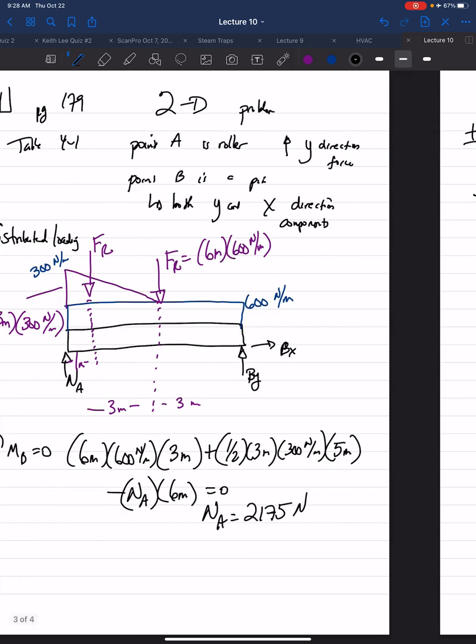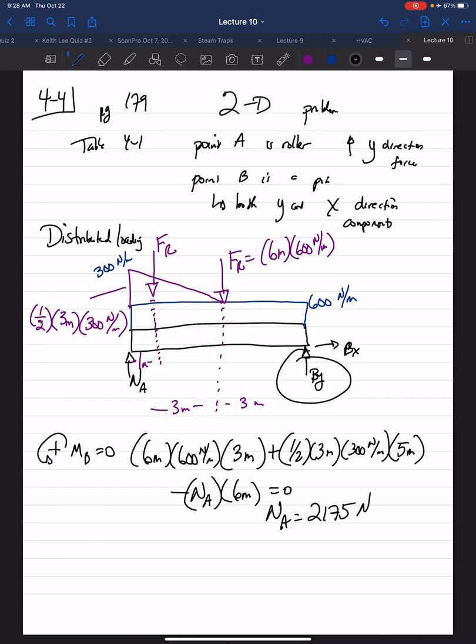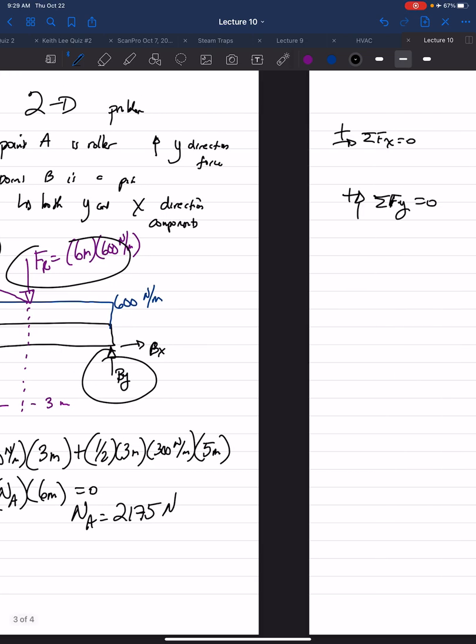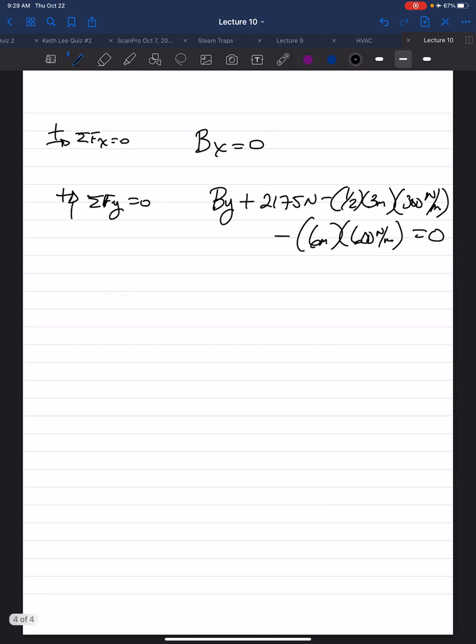Set it equal to 0. So we took care of our y direction force here, here, and here, leaving us By equals 1875 newtons. So we solved for the reactions at the supports.